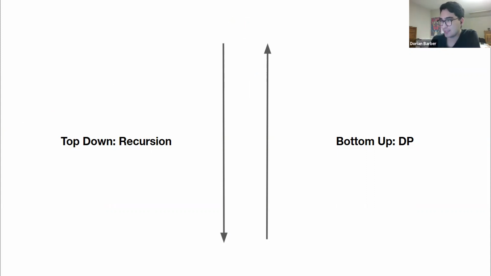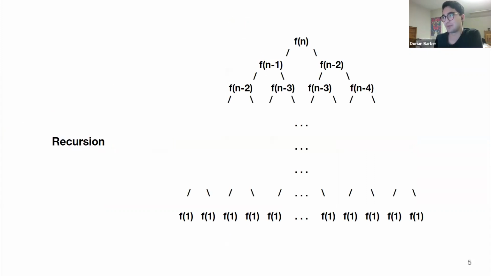The first thing I want to mention is something about recursion. You might see a recursion tree like this, where f of n is some function with input n, and to compute f of n, we need to compute f of n minus 1 and f of n minus 2, right?